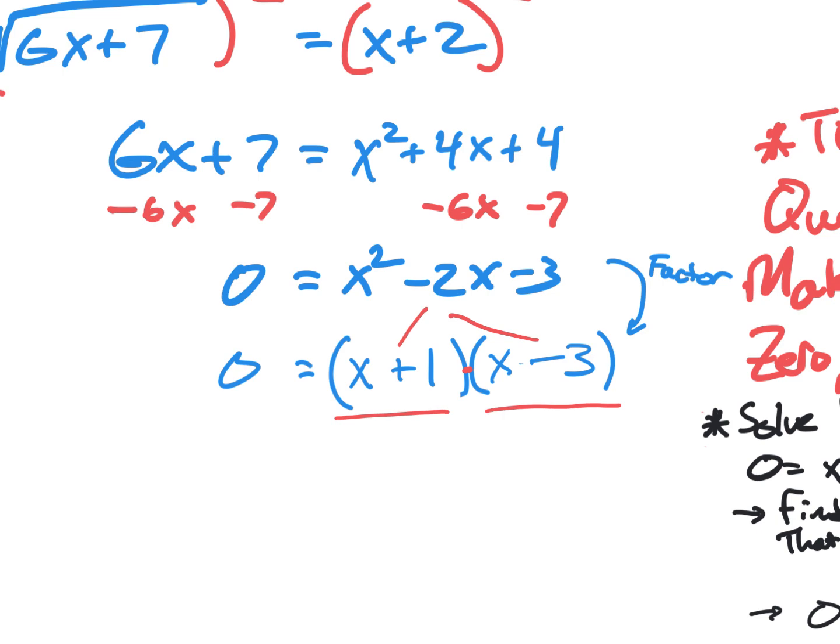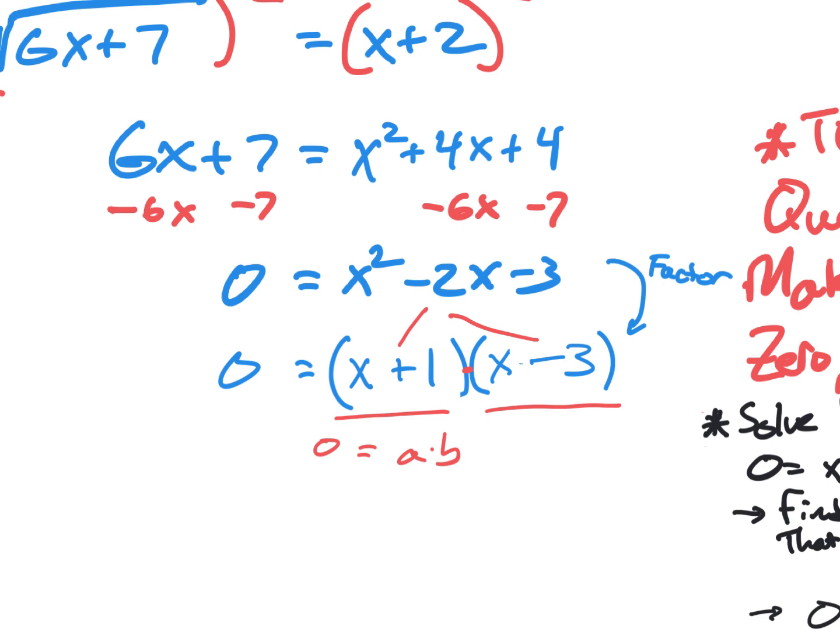So if you have two numbers that multiply to make 0, let's say I have a times b equals 0. If I told you I'm thinking of two numbers that multiply to 0, what do you know about one of the numbers? Well, one of them has to be 0. So it's either 0 times b or a times 0. One of these has to be 0 if they multiply to 0.